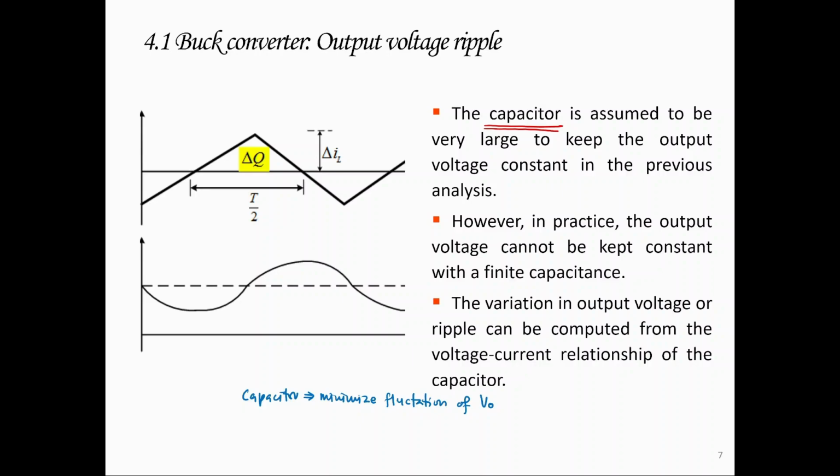Right. So normally for any DC to DC converter circuit, the capacitor is normally a bit large in terms of the value, so that we'll be able to make sure that the output voltage will remain constant. Okay, when the capacitor is big, it is able to maintain the output voltage at our load side to be almost constant.